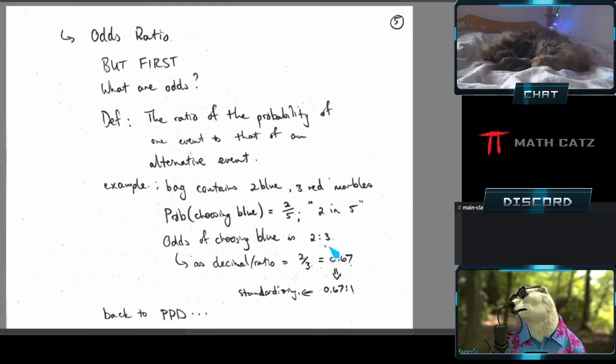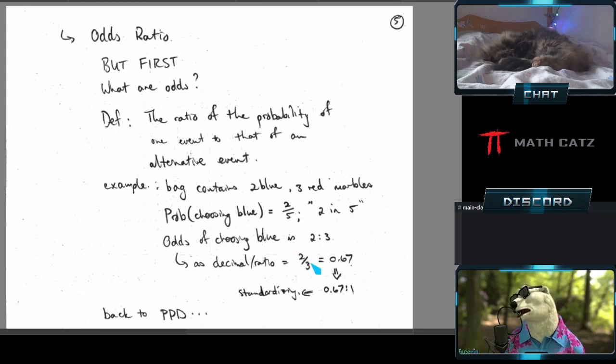I can then standardize this odds expression by calculating the ratio of these two numbers that feature, in this case 2 and 3, as 2 divided by 3, and I get 0.67, and it's a way of standardizing the odds to 1.